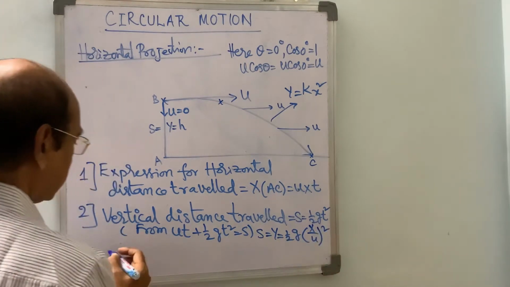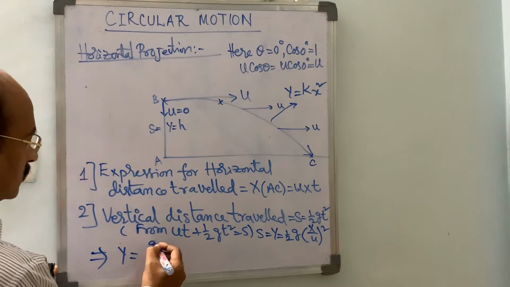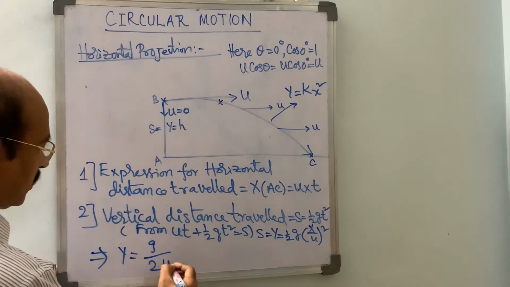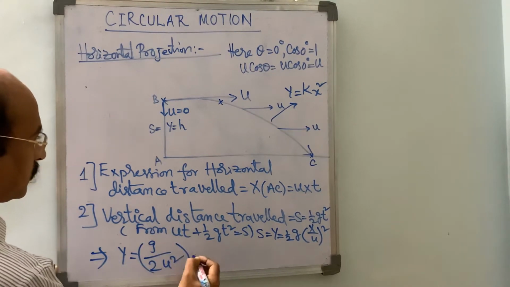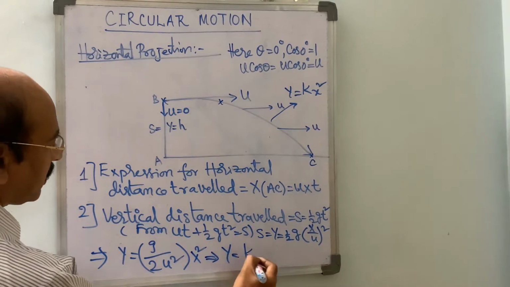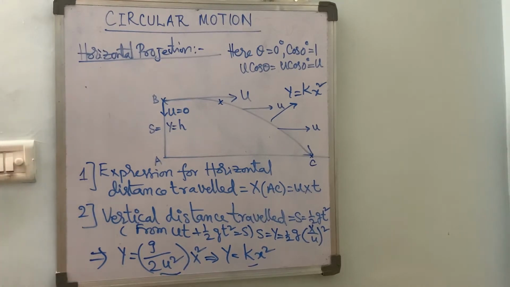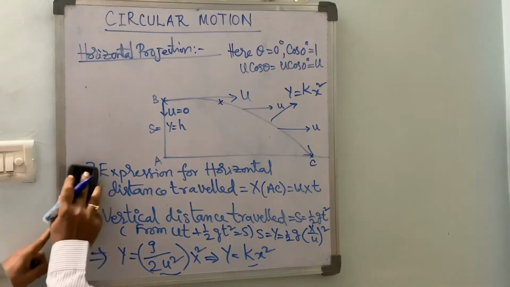This may be written as y equal to g by 2u square into x square, which is in the form of y equal to k x square, where k is g by 2u square. So the path of the projectile is parabola in the case of horizontal projection.